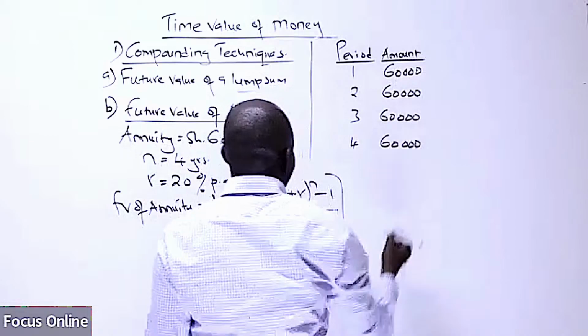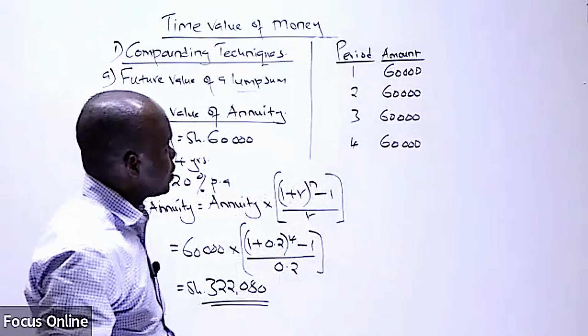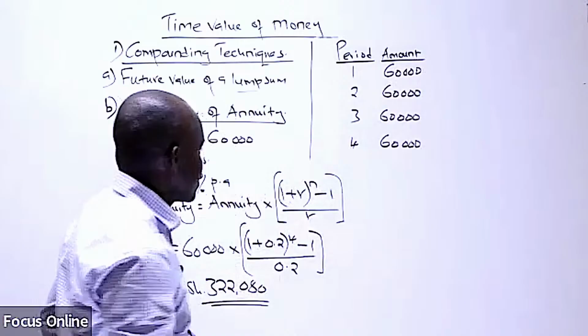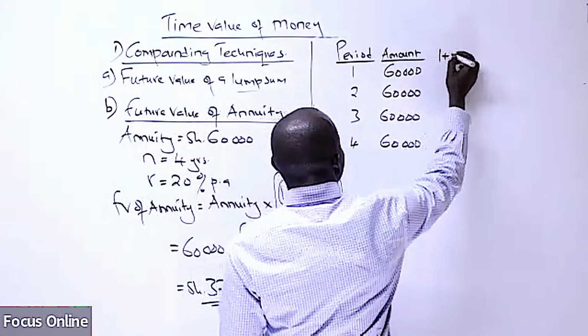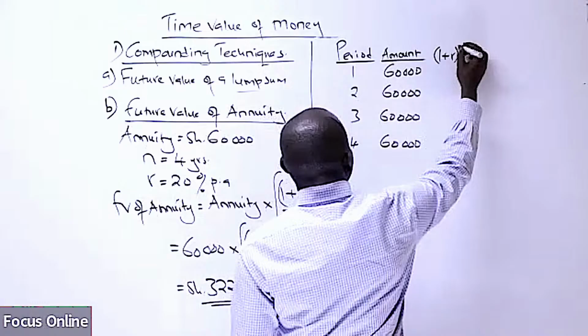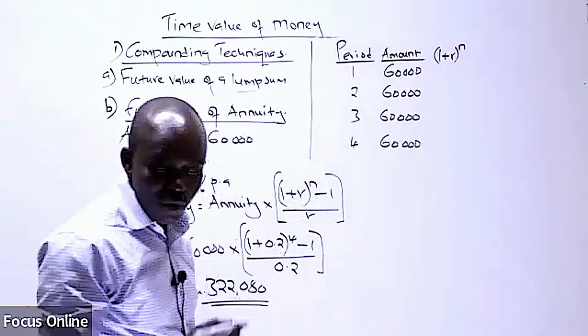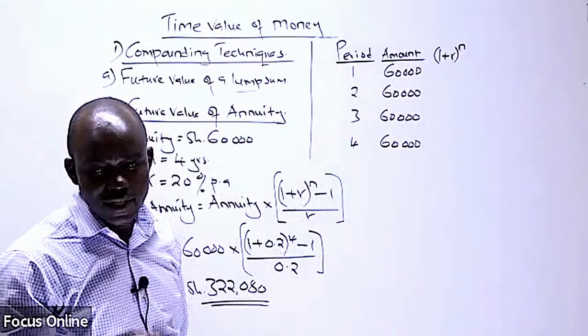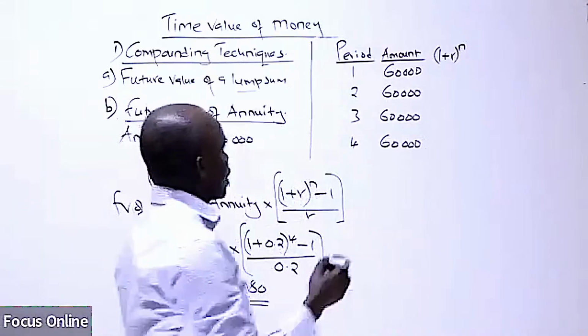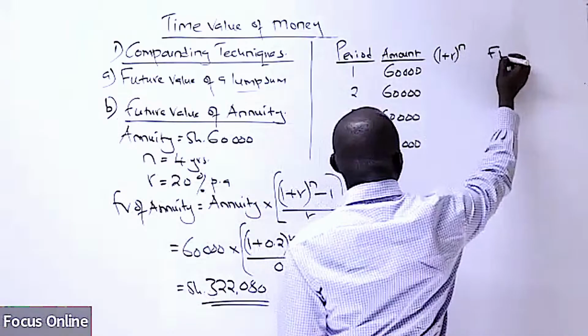At the end of each period, this person is investing 60. So here you say 1 plus r power n. If we want to treat each amount as a lump sum, then here we will have future value.